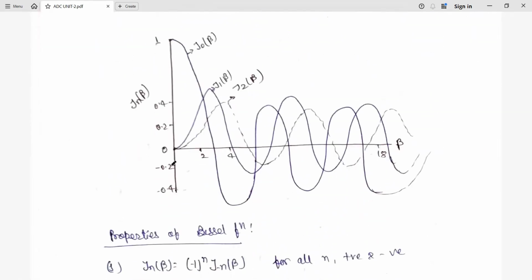Now this is the Bessel function for different values of n. When n is 0, this is the waveform; n is 1, n is 2. Like this, for different values of beta on the x-axis, and J_n of beta on the y-axis, we have different waveforms.